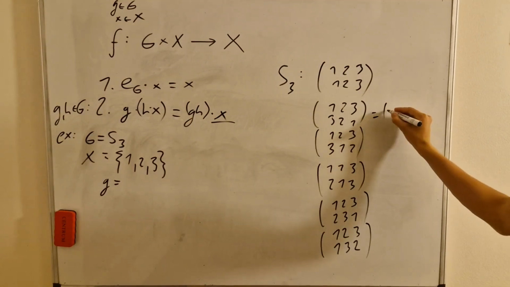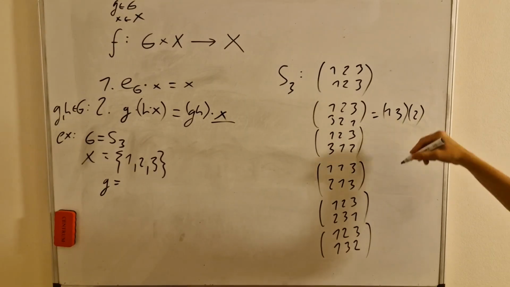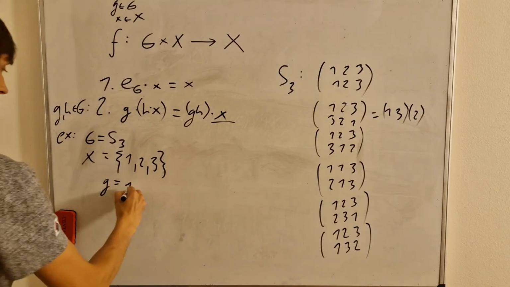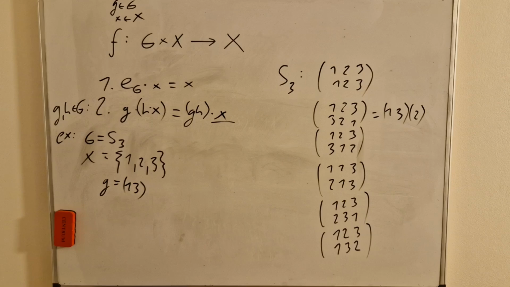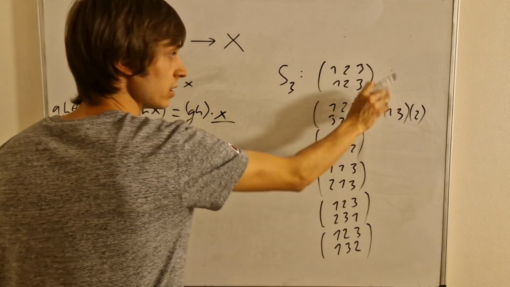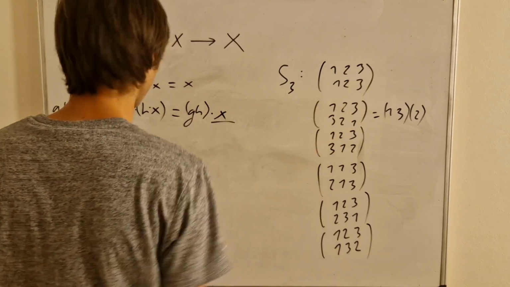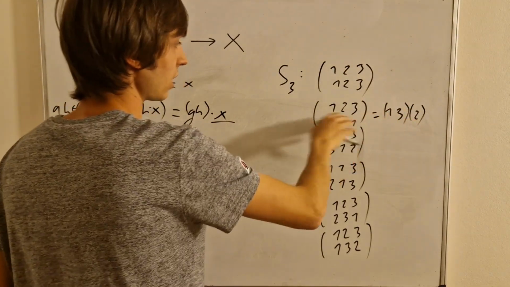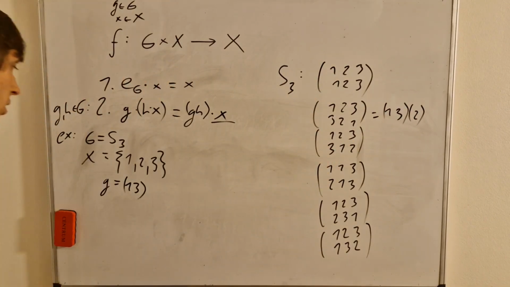So in cycle notation, this would be 1 goes to 3, 3 goes back to 1 and 2 stays, so this would not be written, but I can just write it down. Let's say my g is the cycle (1 3). This is just cycle notation, a different way to write down the permutation. But I'm not going to go into this because it's also very important to know perhaps before going to group actions. So I would recommend to know this notation and also permutation groups first.